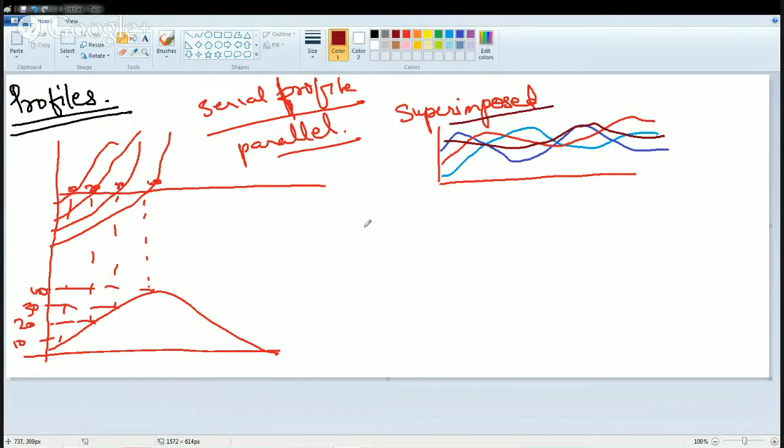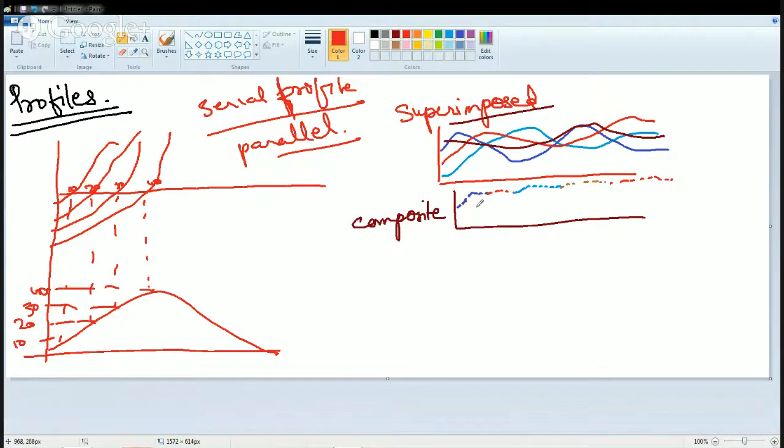The next is what is known as composite. What would happen in composite is, let's understand the same diagram here. I would be taking only the topmost line. So this is blue, then there is a section in red, then a section in light blue, then a section in brown, and then finally again a section in red.